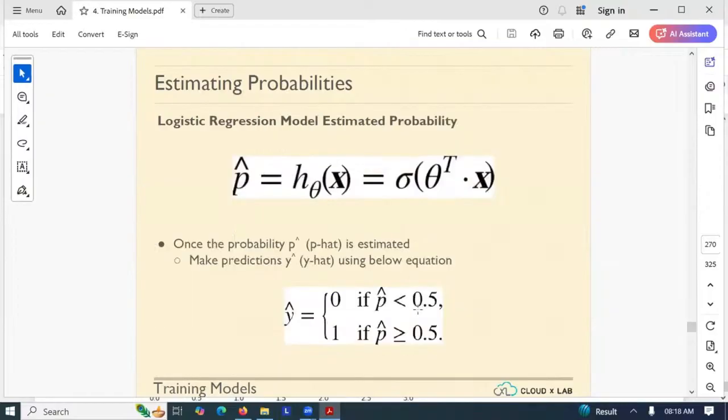Since we have applied this thresholding, in the output we can get only two values: either the probability is greater than 0.5 or less than 0.5. If greater than 0.5, then positive class, less than 0.5, then negative class. So what finally we are doing is a binary classification problem. That's why logistic regression is used for binary classification. The only difference is that this is a probabilistic classifier, because in the output we are deciding on the basis of probability, right?